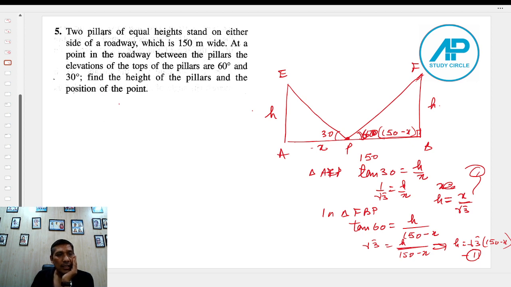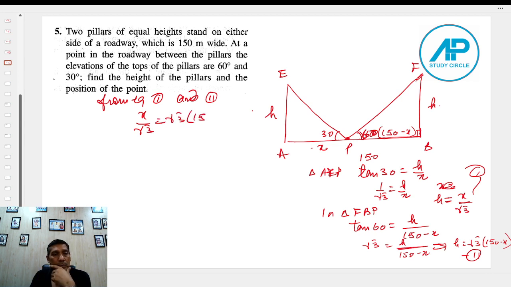I'm doing it here. From equations 1 and 2, equalize the values. x upon root 3 equals root 3 into (150 minus x). I hope you can get the value of x from there.